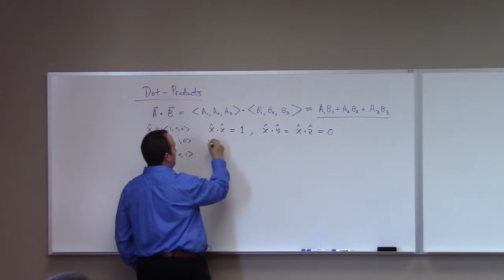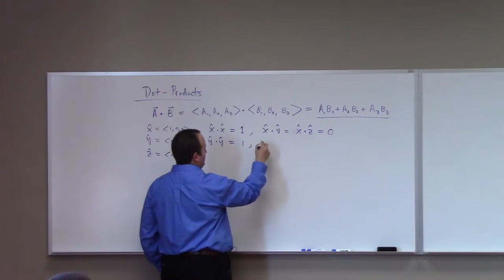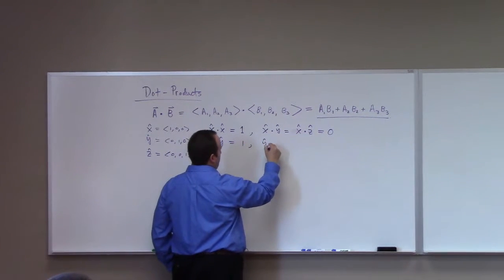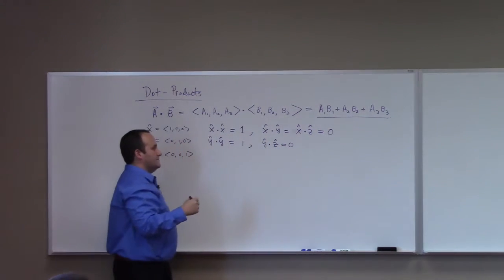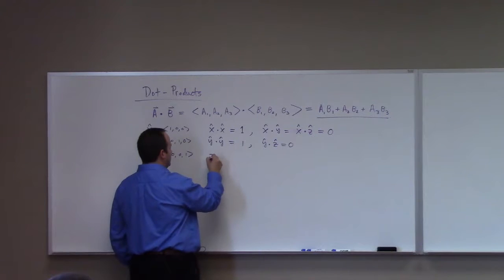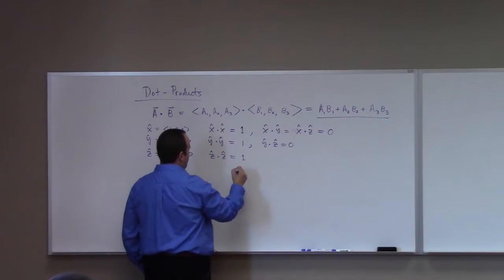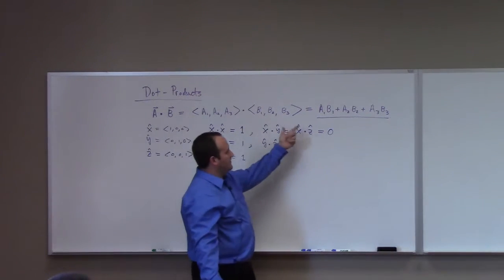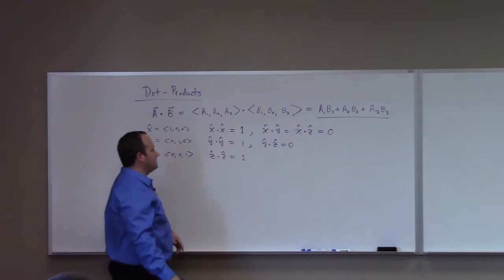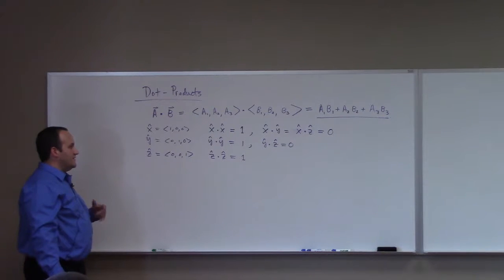Likewise, y hat dot y hat is equal to 1, and y hat dot z hat is equal to 0. And z hat dot z hat is equal to 1 also, because when you plug into this definition, you get 0 plus 0 plus 1. You may ask why I didn't write the other ones. Well, there's something else about the dot product I haven't told you yet. It's commutative.